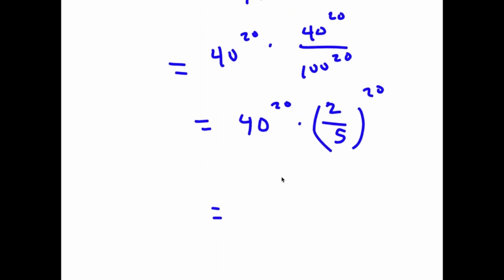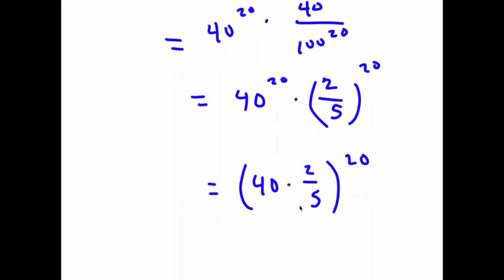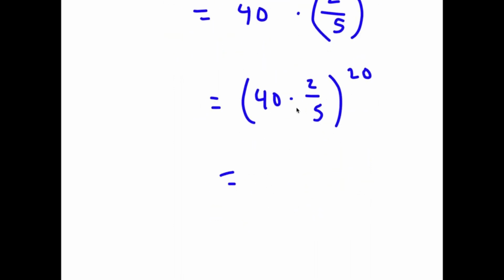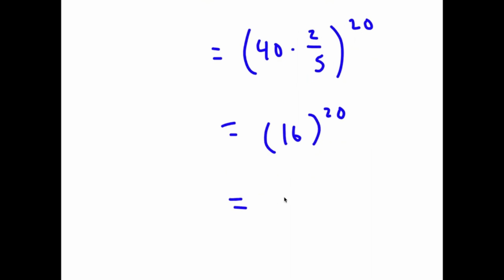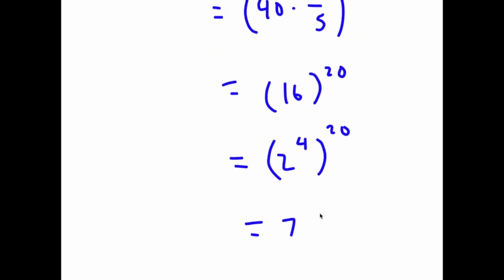And this is equal to 40 times 2 over 5 to the power of 20. 40 times 2, that's 80. And 80 divided by 5 is 16. So I have 16 to the power of 20, which is equal to 2 to the power of 4 to the power of 20, which is equal to 2 to the power of 80. So that is my second method.